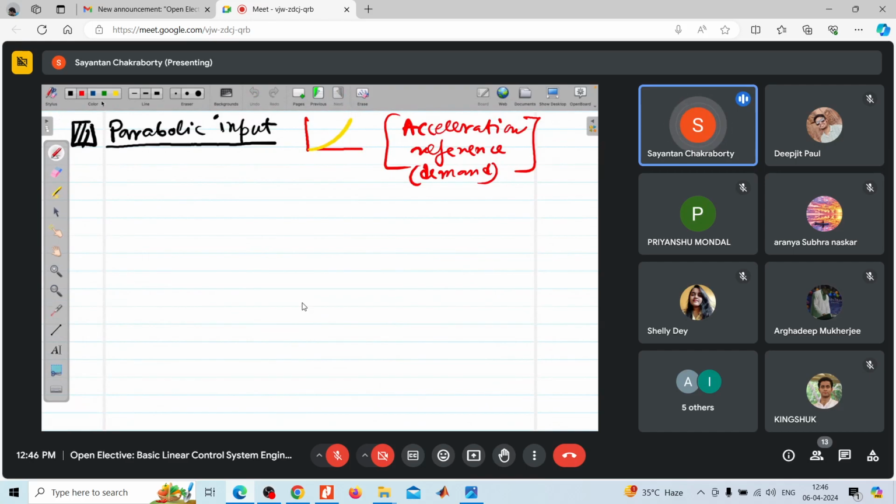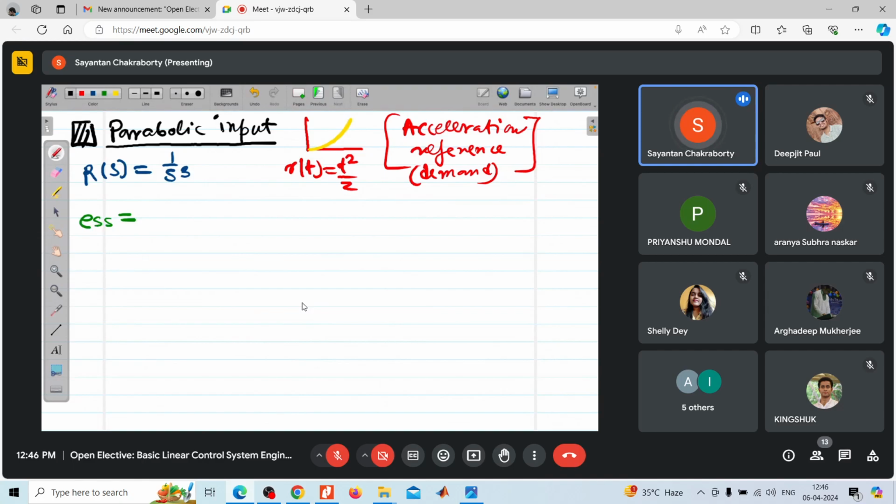So you can write this R(s) as 1 by s cube, because normally this r(t) is defined by t square by 2. So R(s) becomes 1 by s cube. So what about ESS now?